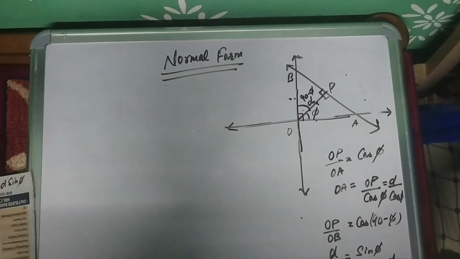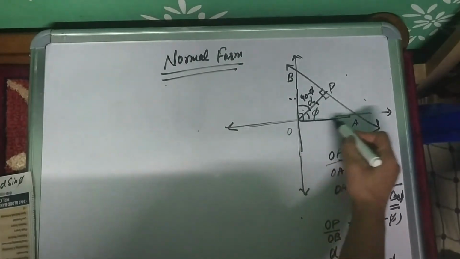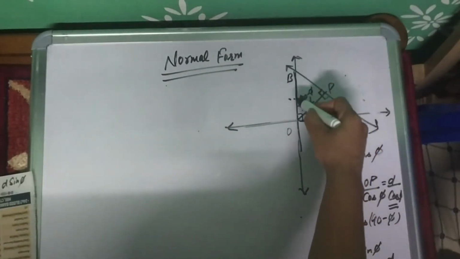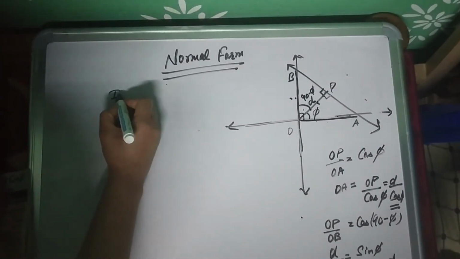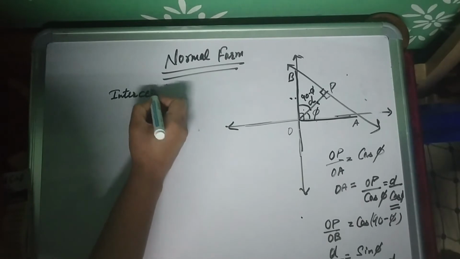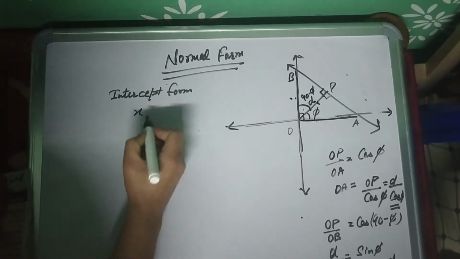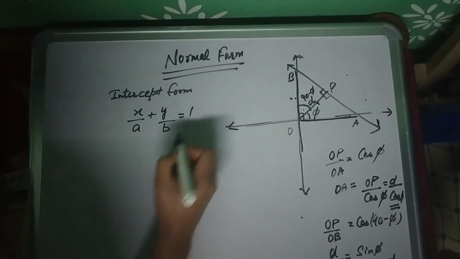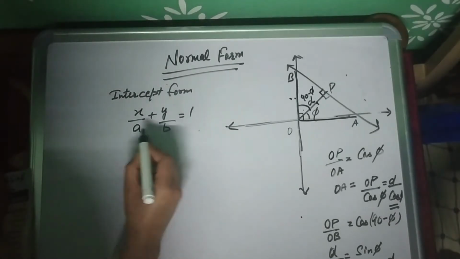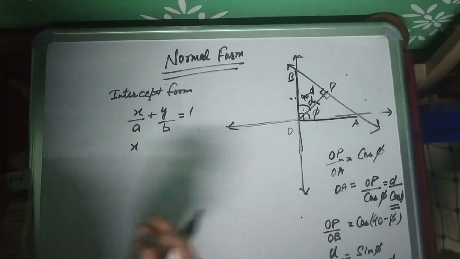Now why am I finding this and this? Because I have to write down the equation of this line, and I have actually got the two intercepts of the line. So I can use the intercept form. You know what the intercept form of any line is? Intercept form is x over a plus y over b equals 1, where a and b are the x and y intercepts respectively, and x and y are the general coordinates of the line.